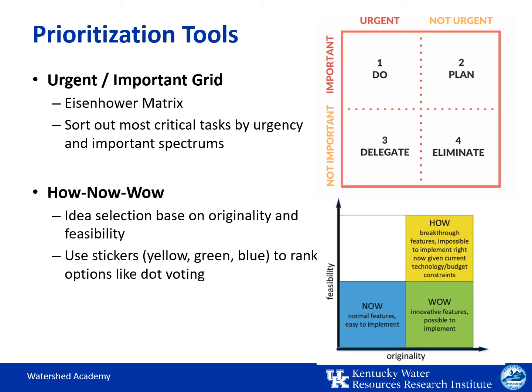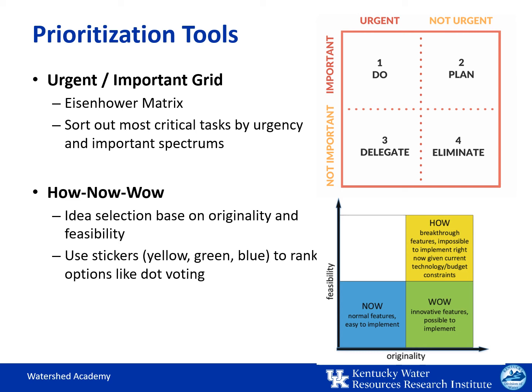Some other tools that are helpful for prioritization include the urgent important grid as well as the how now wow grid. Okay. The urgent important matrix is also known as the Eisenhower matrix, and it helps to sort tasks by importance and urgency.